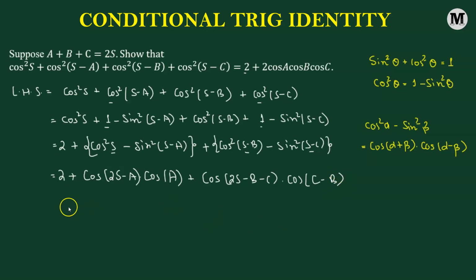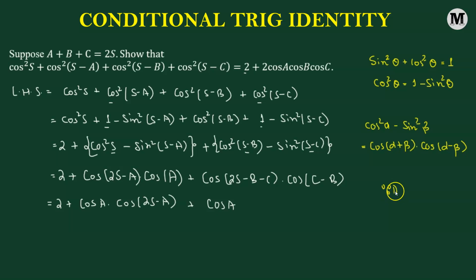Fine. Now what we have here is 2 added to cosine of angle a multiplied by cosine of angle (2s minus a), added to, now cosine of (2s minus b minus c). So that is simply going to be cosine of a. The reason is because it's already given that a plus b plus c equals 2s. So we can note that down here.